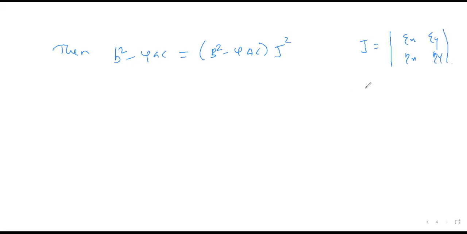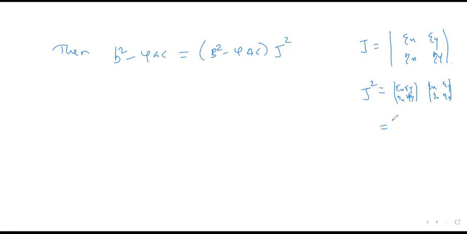So what is the Jacobian squared will be this into this. Can you find the answer? Zeta x, zeta y, eta x, eta y here, zeta x again, zeta y, eta x, eta y.